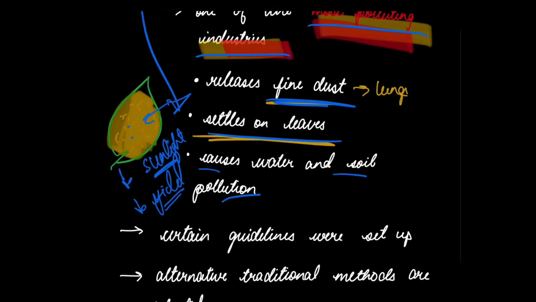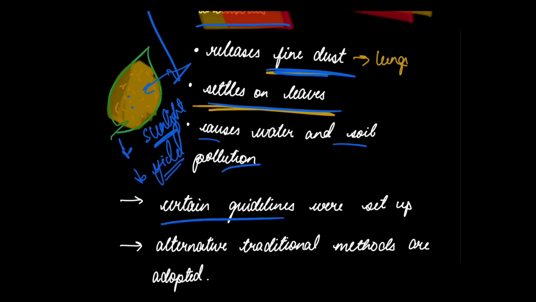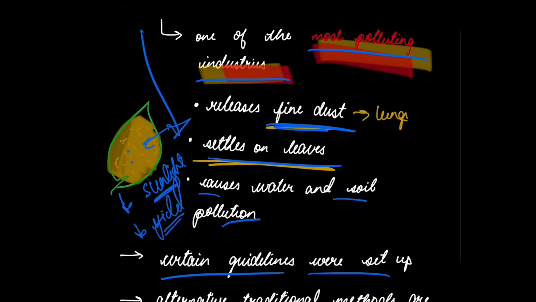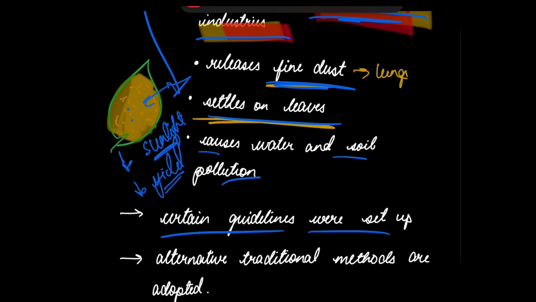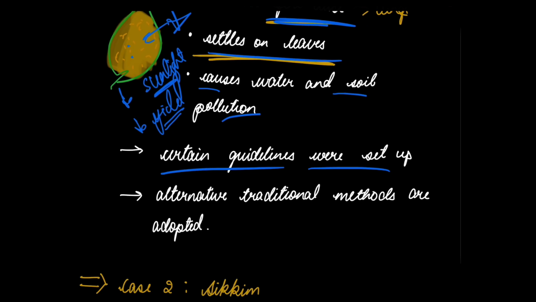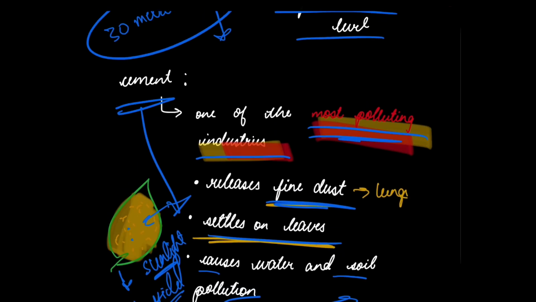To address this, the government has created certain guidelines for the setup of these industries. They have to make sure these rules are followed when setting up industries. What are these? They will be set up away from places where most people are living, away from societies and human settlements, and alternative traditional methods are adopted for building, such as stones and mud, used in place of cement for construction work.